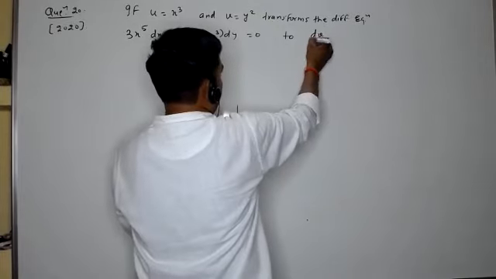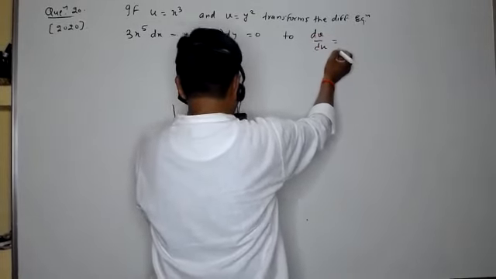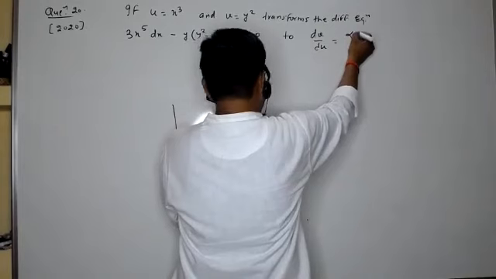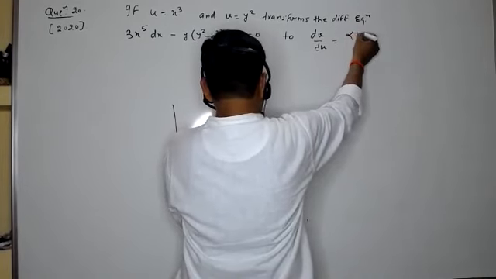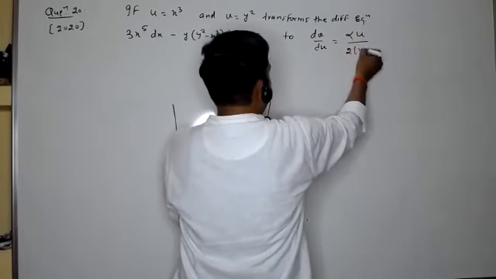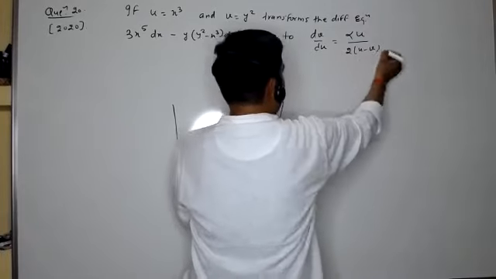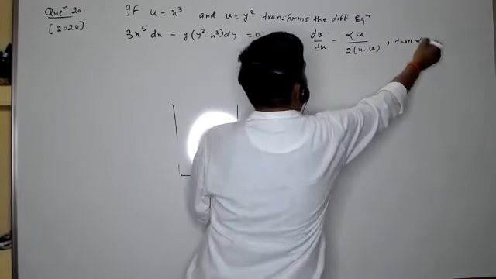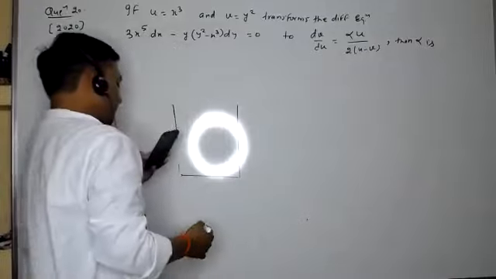Transforms to dv over du equals alpha u over 2 into (u minus v), then alpha is.